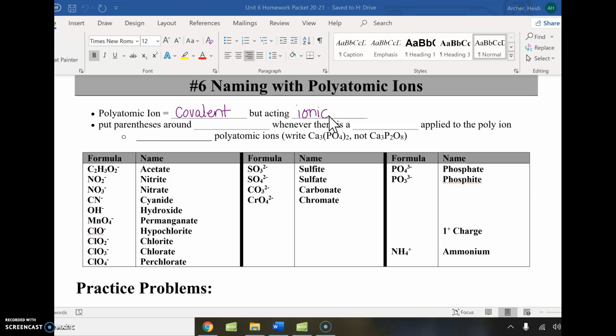And as a result, we put parentheses around the compound whenever we need more than one of them. So in other words, whenever we need to add a subscript, we put parentheses around it because we're never going to write it like this. So in other words, we do not distribute.